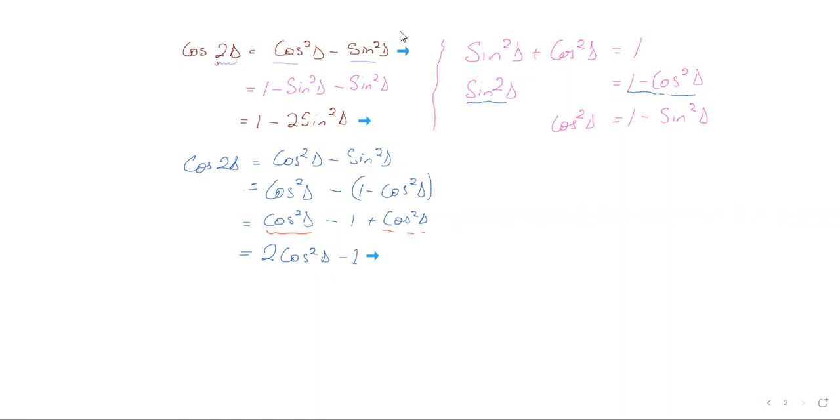So it depends on what a problem or identity looks like and what can benefit you in terms of expressing a double angle of a cos as it appears in all those 3 forms.